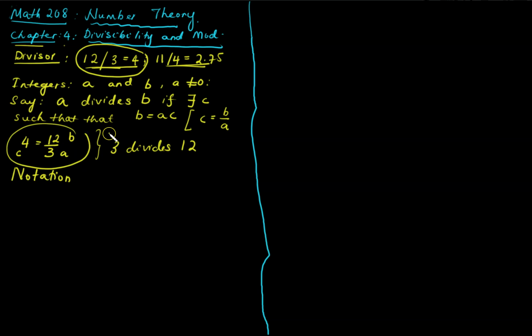But when you use the sentence '3 divides 12', you use a vertical line, which means how many times can 3 go into 12? So 3 divides 12, in other words, 12 over 3. You have to be very careful how you're writing your notation.